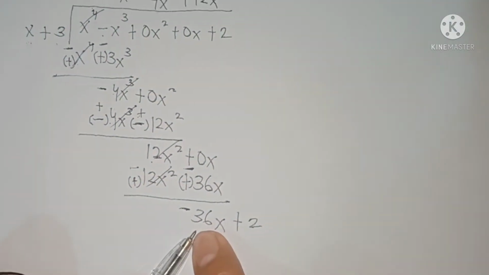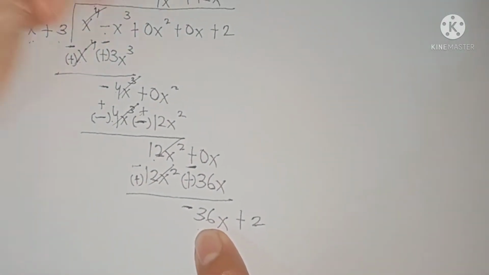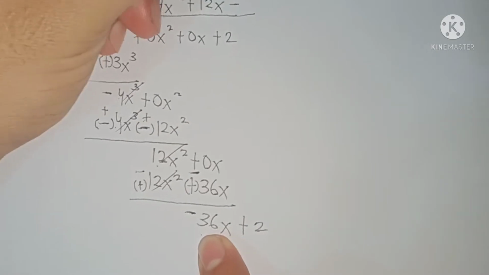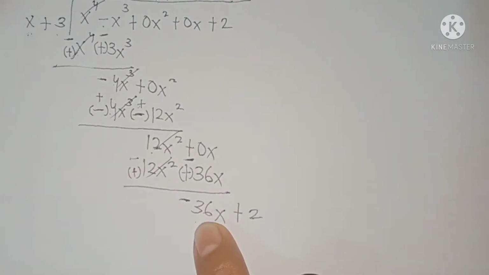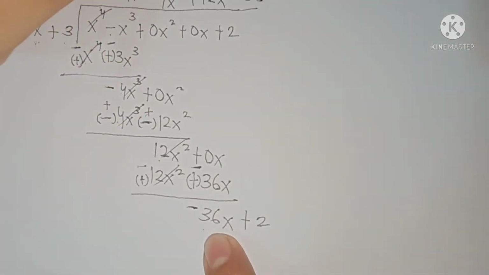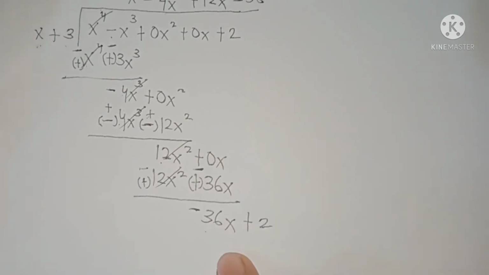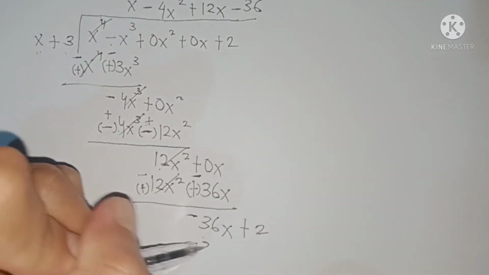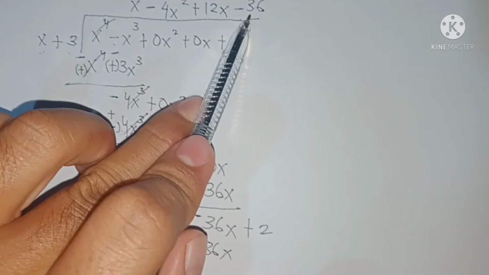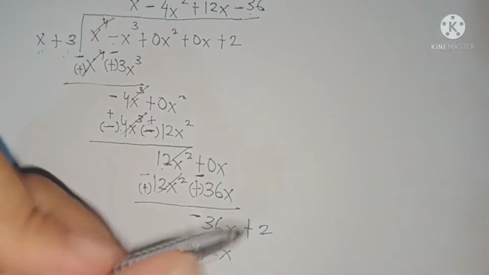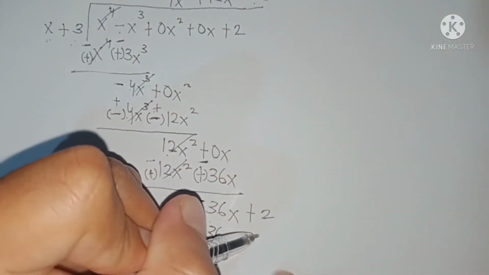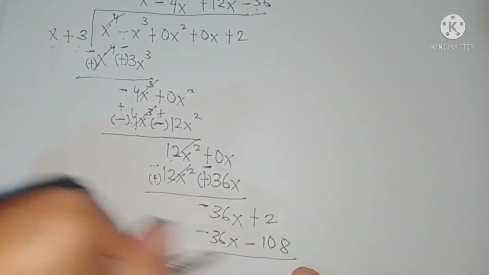So you have negative 36x divided by positive x, that is negative 36, and then negative 36 times positive x is negative 36x. So negative 36 times positive 3 is negative 108.